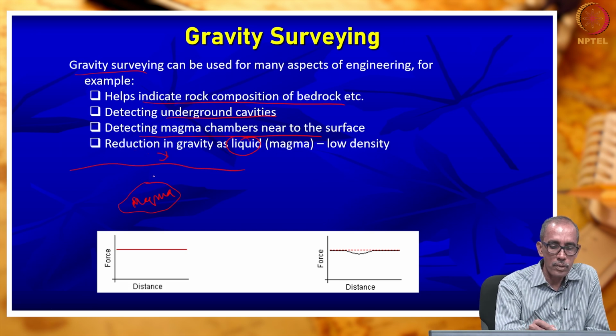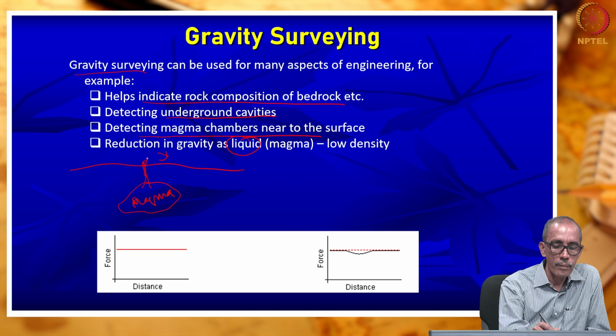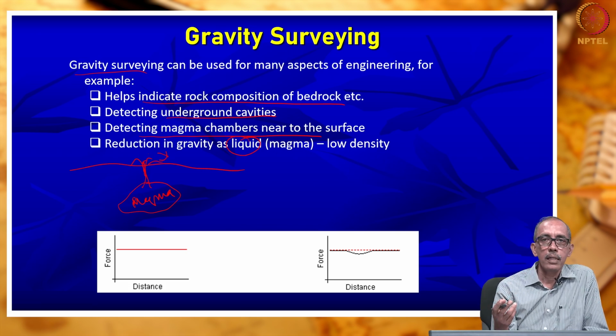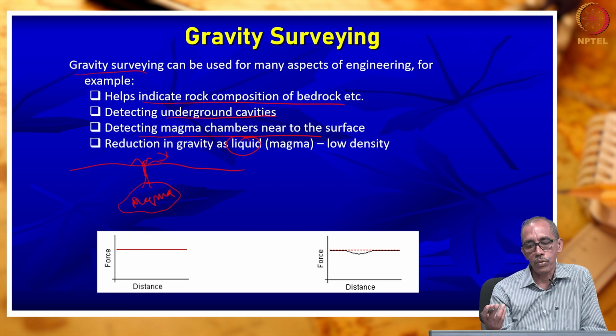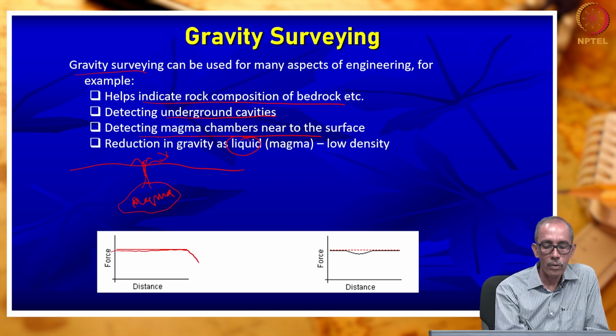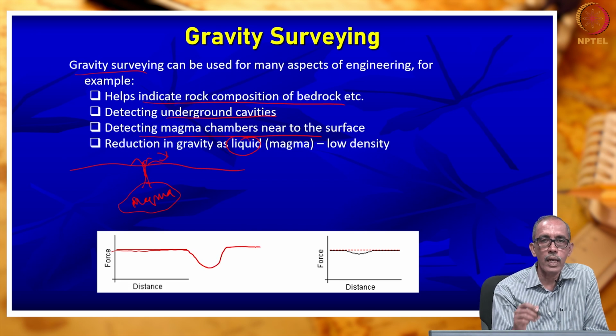So, here is the ground surface. When the rock begins to melt, it may erupt as a volcano, right? When it melts, its density gets reduced. So, before it melts, the gravity value remains the same. When it begins to melt, the gravity value decreases. When it becomes solid, again the gravity value rises.